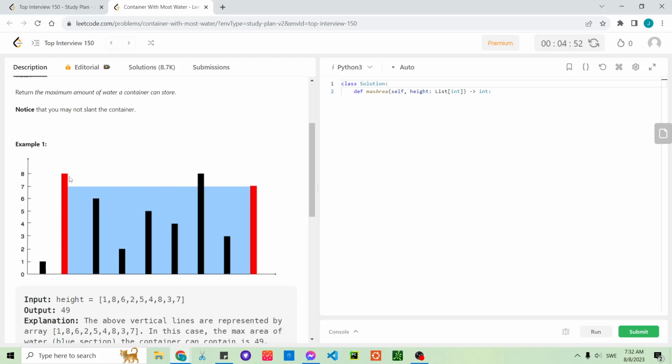Okay, let's see. So let's say we move the left one to this and this. So now we have this and this will move, this will move, this will move, this will move. What if we move the right one? Then it will be moved here, here, here, here. Okay, so in this case, all these ones in between them are lower, so it will not give us more water anyways. What if we had one that's higher?